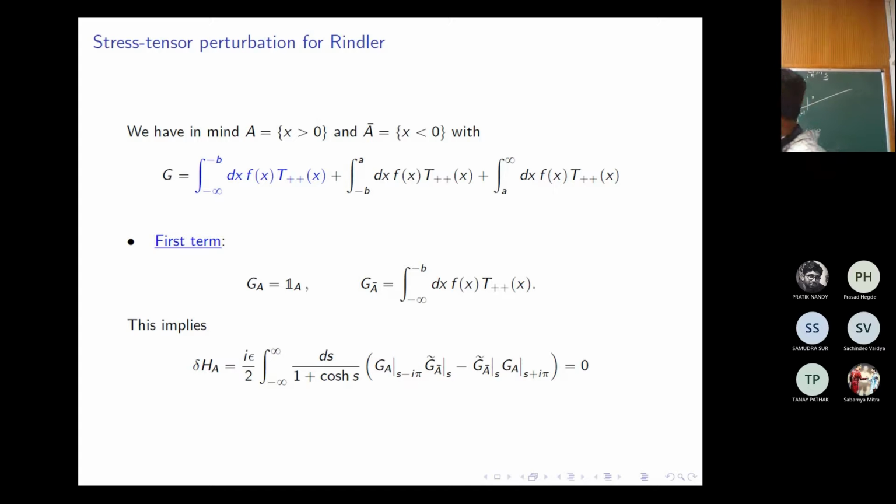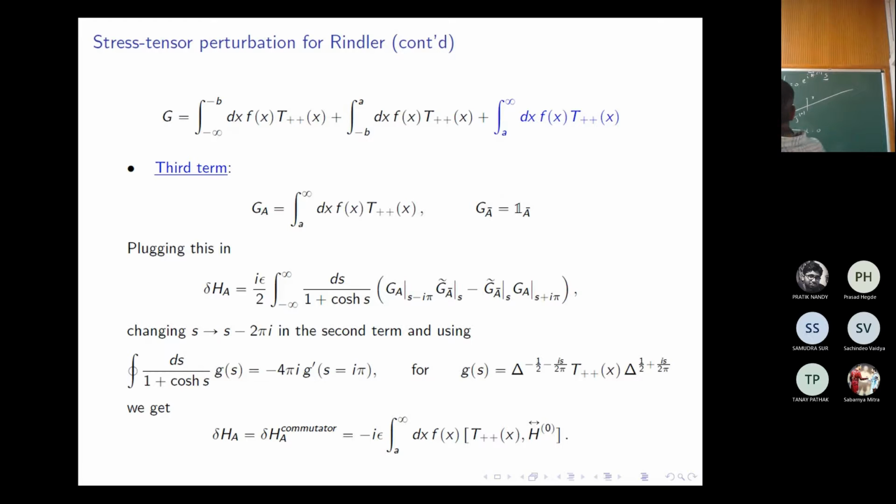And this is what you expect, because for a perturbation in the A bar region, the modular Hamiltonian for the A region should not change, because I'm here calculating delta H A. Okay, delta H A bar will have another formula that you can find out in a similar method, and that will have the result you want.